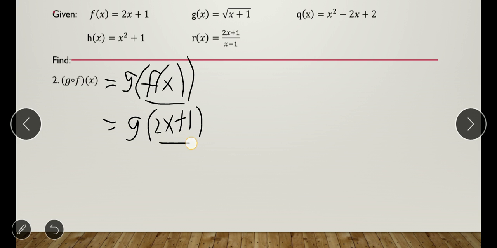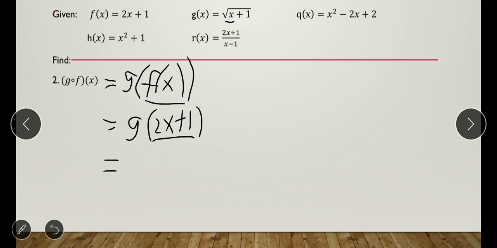Now 2x plus 1 is our argument. It's a function, a linear function. But since we're dealing with a g, then we have to base on the g of x function, which is equal to the square root of x plus 1. Substitute this value to your x.